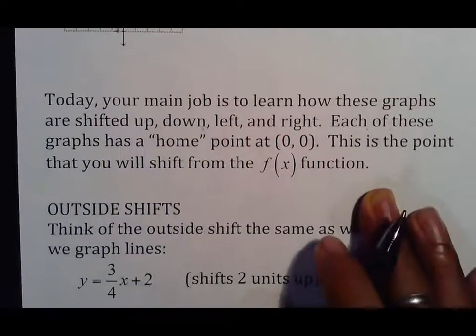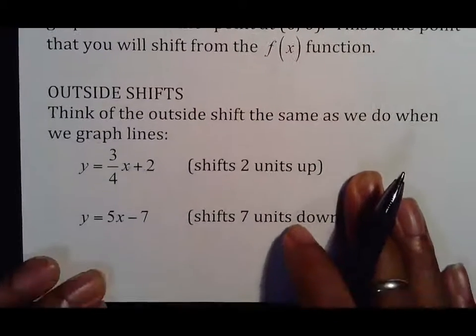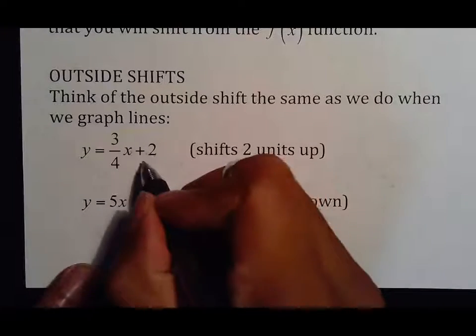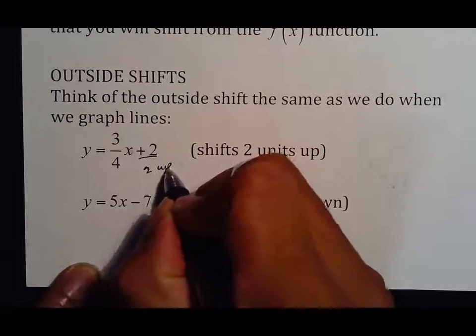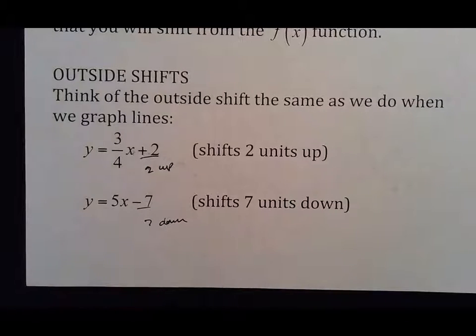So today your main job is to learn how these graphs are shifted up, down, left, right. Each of these graphs has a home point, as I said, 0, 0. And from this point, you shift the f of x function. So outside shifts, think about graphs. 3/4 x plus 2. This told us to go 2 up. This told us to go 7 down. That still happens like that.